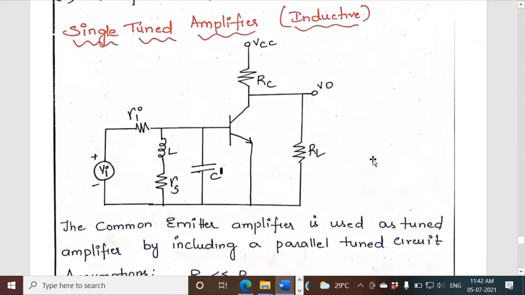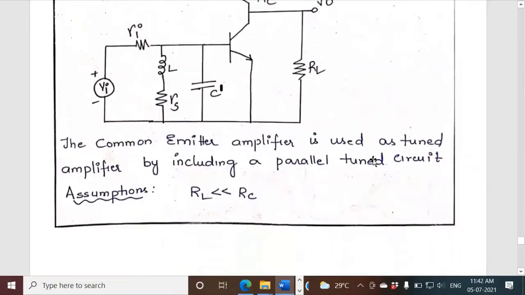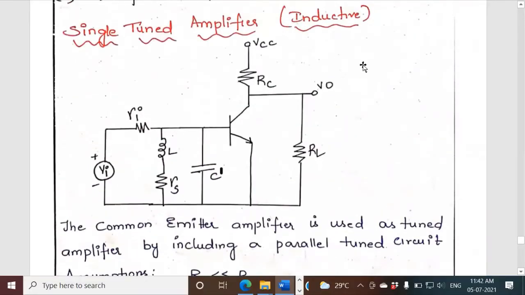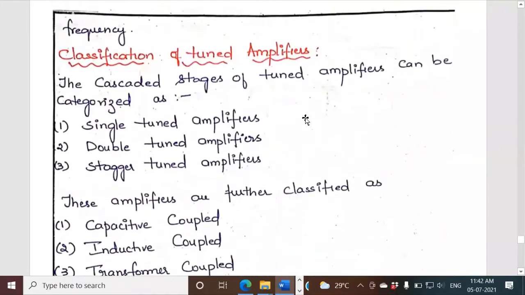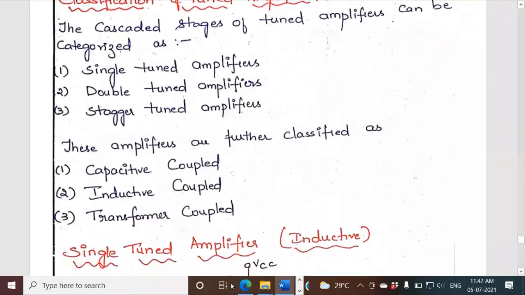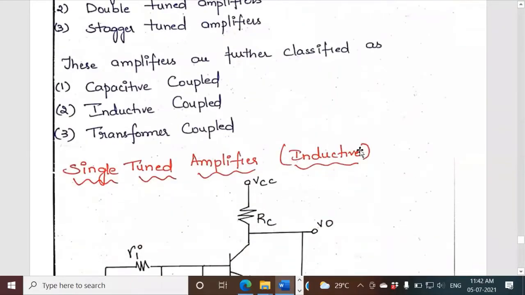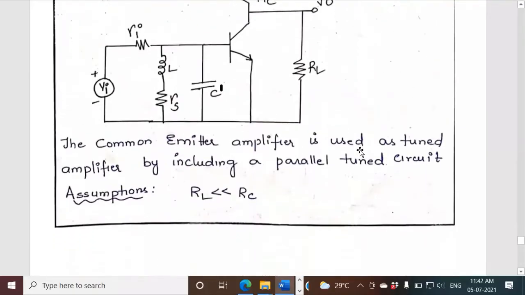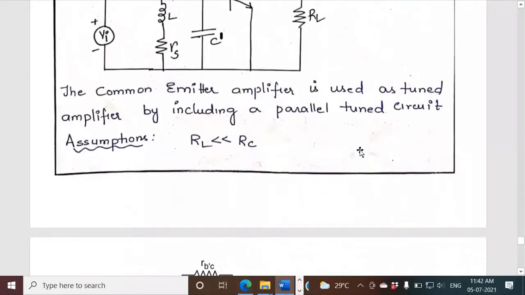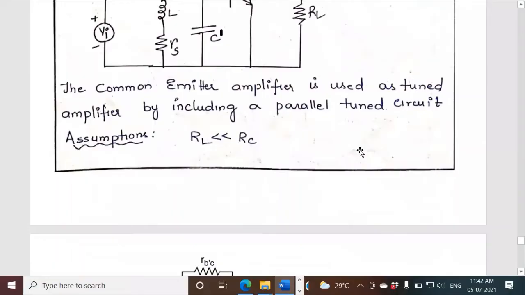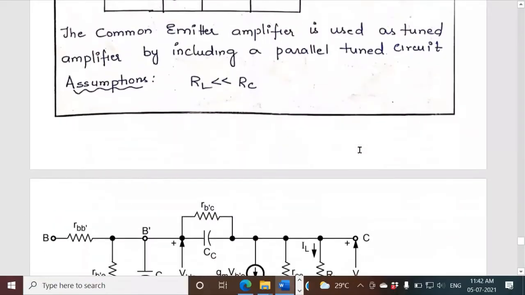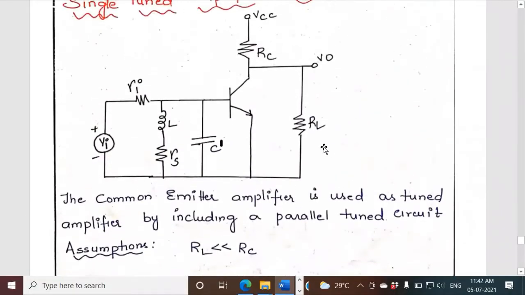So the assumption we will make is, next we will analyze this circuit. That is electronic circuit analysis. We know what a tuned amplifier is, we got a circuit, now we have to analyze it.